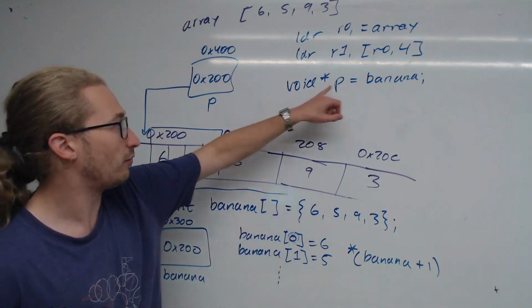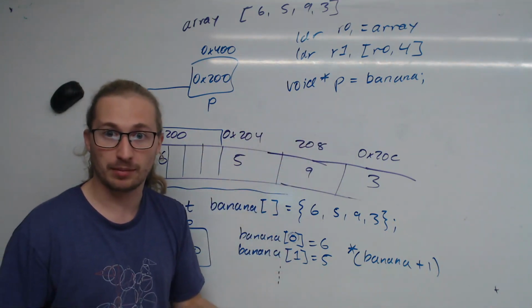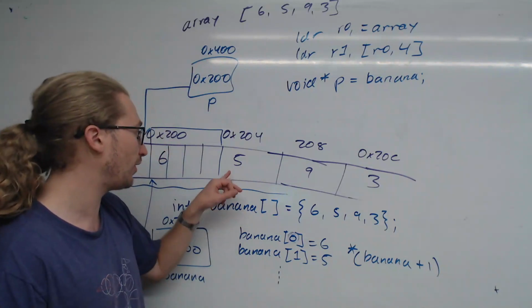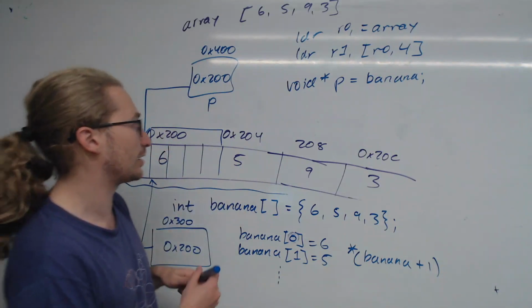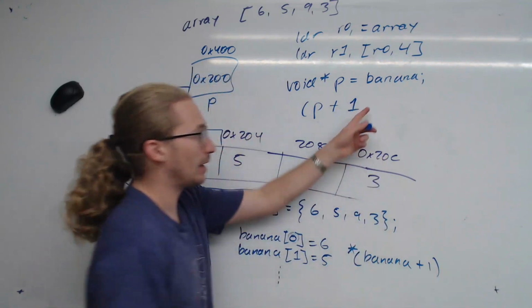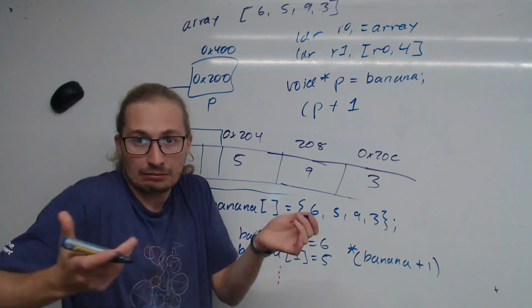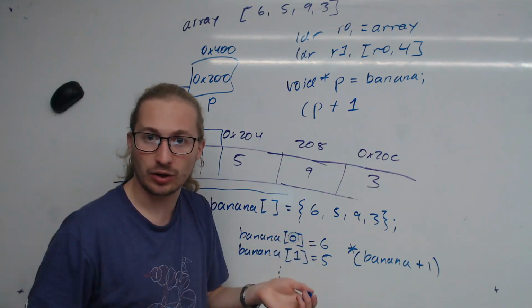Similarly in C, if you have a void pointer and you want to offset, you have to manually prescribe how large the offset is. So if I want to fetch the 5 instead of the 6, I have to go P plus 1 times however big an int is. How big is an int? I mean, I don't know. It depends on the hardware you're programming for.